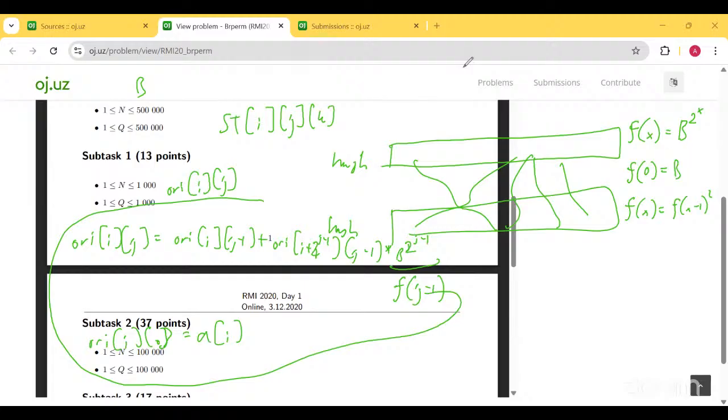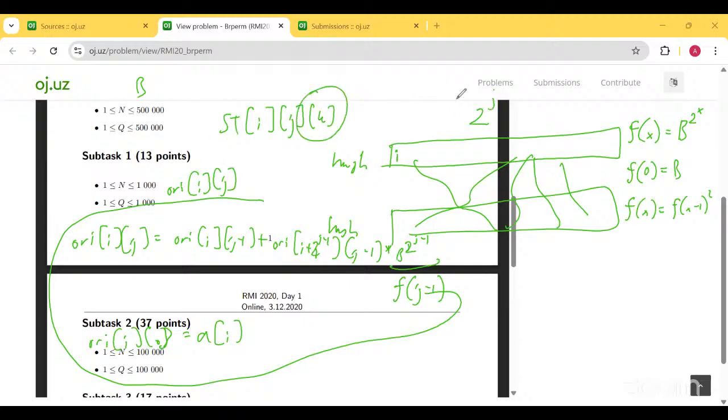All right. Then let's think about how to create a hash for the subarray after reordering. So let's create a sparse table [i][j][k]. It means starting from i and the size is 2 to the j, just like Ori.